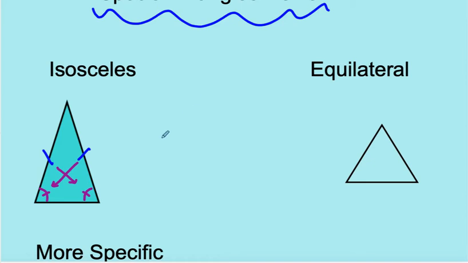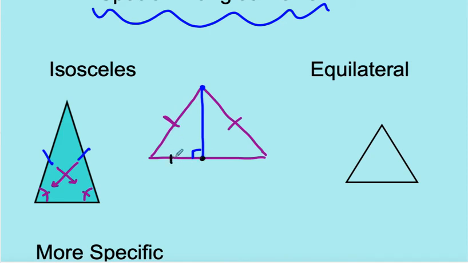Now, there's a couple other things that are really cool about this that we're going to learn when we learn about congruency in triangles. If I have an isosceles triangle and I want to drop an altitude into that triangle, that means I want to drop a perpendicular segment right from the vertex. What it does to that base is it bisects it.